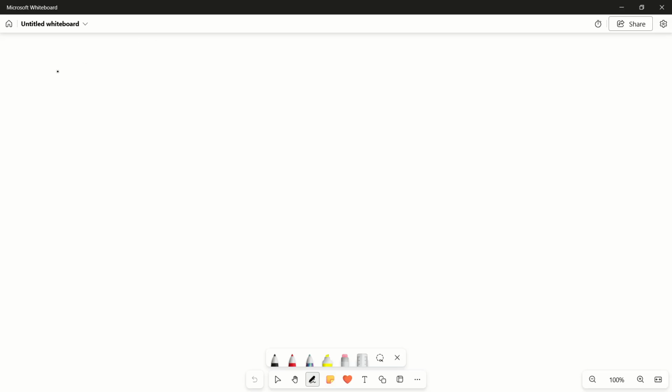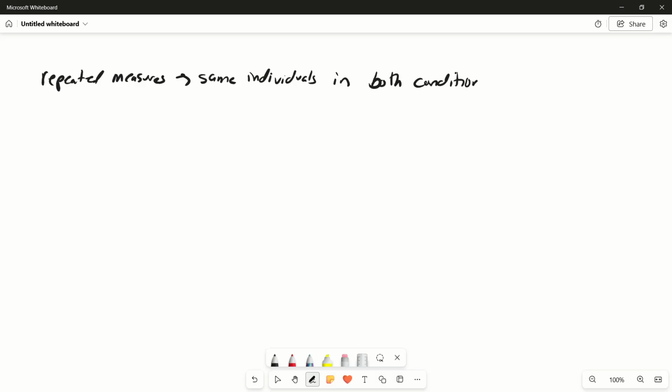One other alternative to this correlated groups design. Usually we have repeated measures, and these are the same individuals in both conditions, right? We talked about this at the beginning. But we can also have something called matched samples.